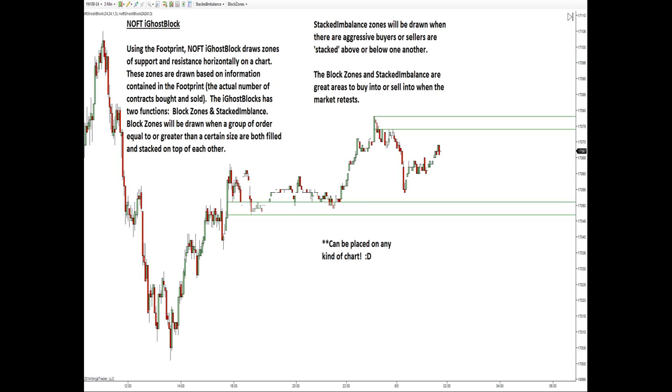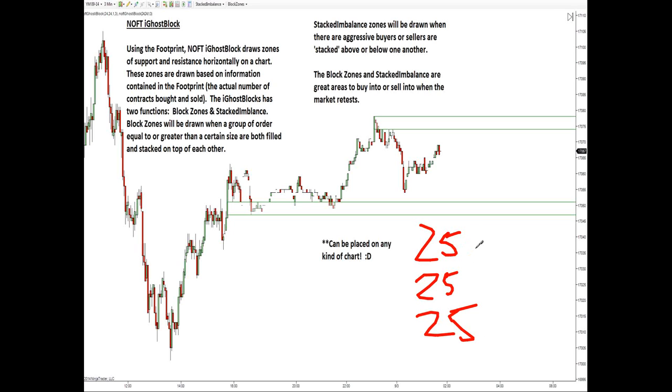Block zones will be drawn when a group of orders equal to or greater than a certain size are both filled and stacked on one another. In that example, I said 25. To get a zone drawn, you're going to have 25, 25, 25. And you can decide how many sequential block trades you want to constitute a block zone.